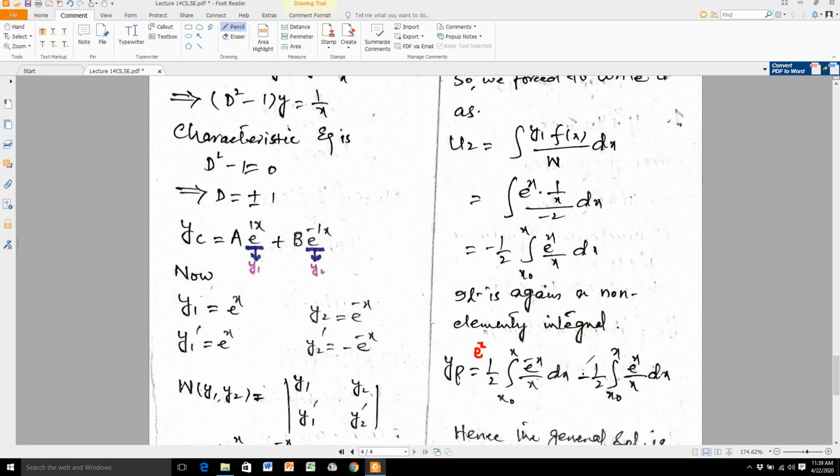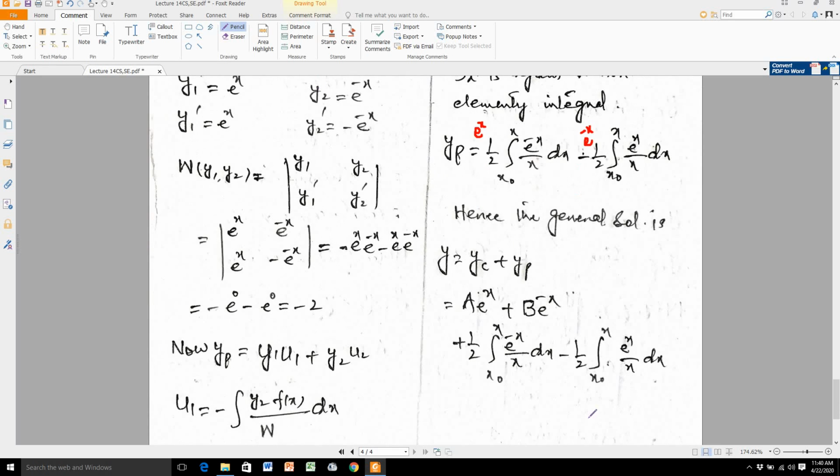That is e raised to the power minus x, and then the value of u2. Hence the general solution is, again the mistake is here, e raised to the power x divided by 2 times the integral from x naught to x of e raised to the power minus x divided by x dx, and again I am writing here e raised to the power minus x. So this is our required solution.